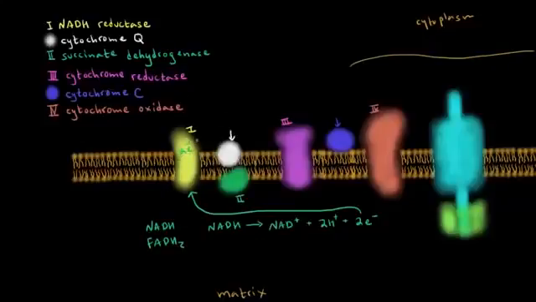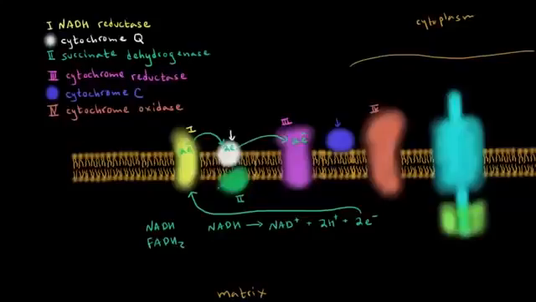But enzyme 1 is not going to hold on to the electrons. It's going to pass them on to the next enzyme, which is cytochrome Q. So now enzyme number 1 gets oxidized because it loses electrons, but cytochrome Q gets reduced because it gains electrons. And then the same thing will happen with the next enzyme. Cytochrome Q will pass those 2 electrons on to the next enzyme.